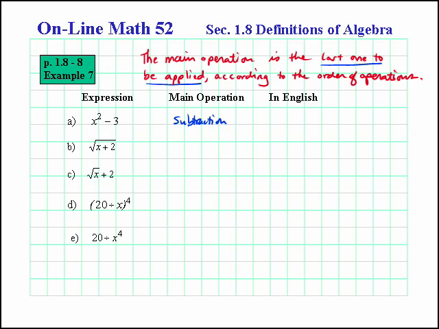And as I was telling them, we do what's inside the parentheses, or the grouping symbol, first. So actually addition would be done first. Is that what you said? The square root's the main operation? I guess I'm not paying attention. I'm sorry. Radical is the main operation. I'll write it right here, square root. I misunderstood what you said.